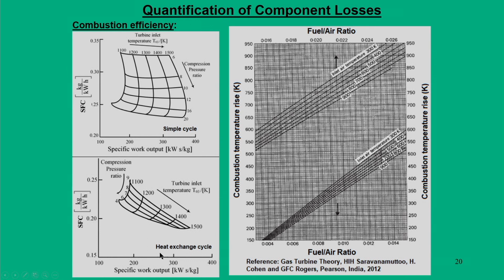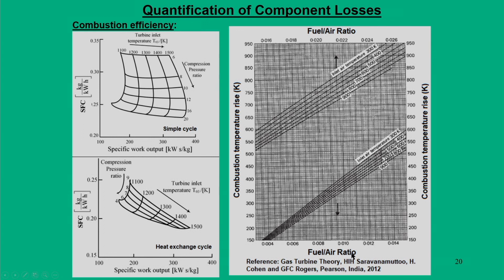But when you go for a heat exchange cycle, for the same power output, the fuel efficiency has a very steady value, and of course we can play with a wide range of turbine inlet temperatures and compression pressure ratios. So, these are some characteristic curves that define the specific fuel consumption variation with respect to specific work output.